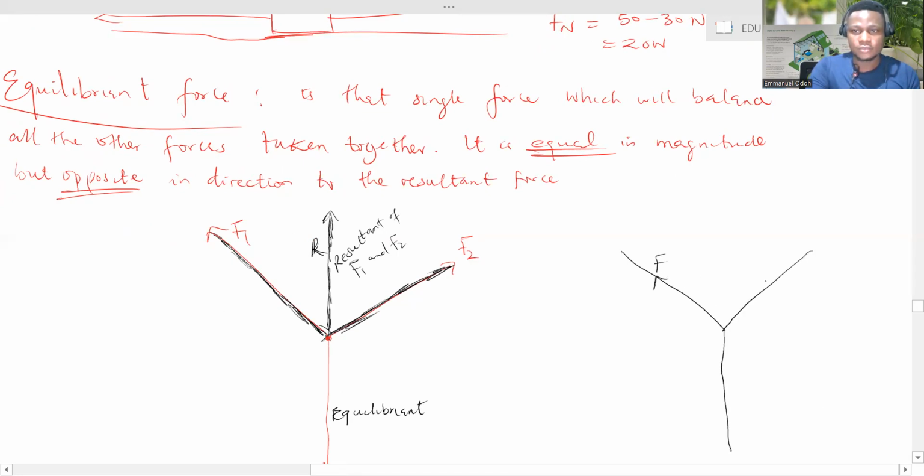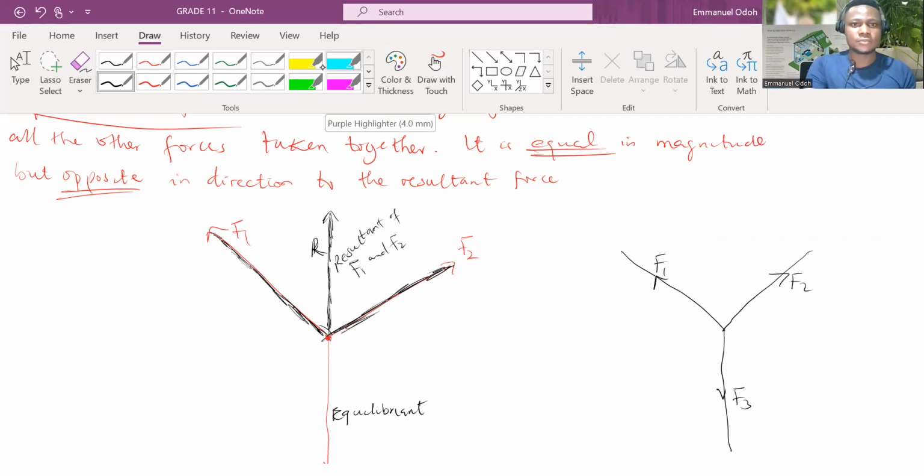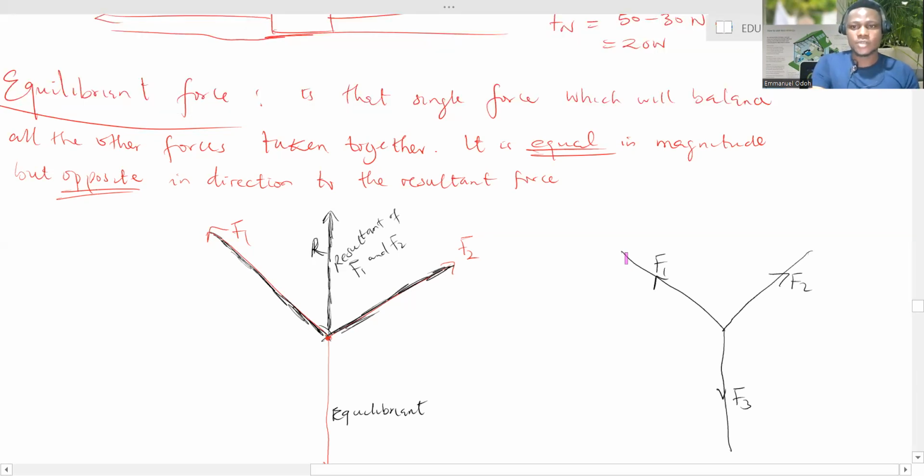F1, F2, and F3. So let's take the resultant of F1 and F3. Let me say we are dealing with force F1 and F3 now.